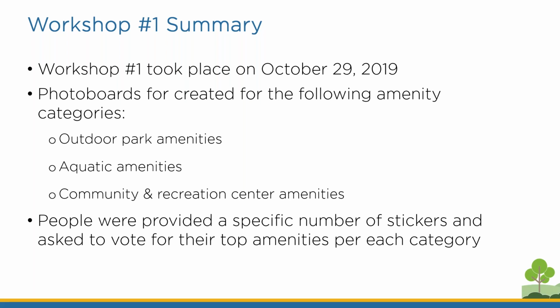Large printed photo boards were created for the following categories: outdoor park amenities, aquatic amenities, and community recreation center amenities. People were given a specific number of stickers and they were asked to visit each photo board and place their sticker next to the amenity that they'd like to cast their vote on.